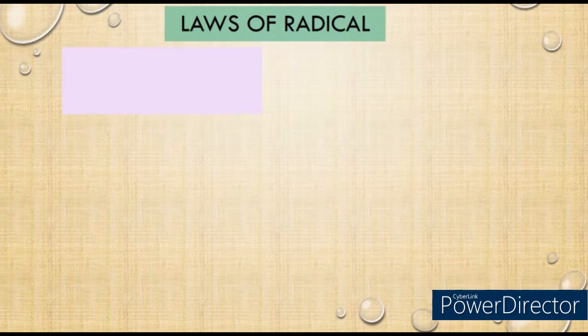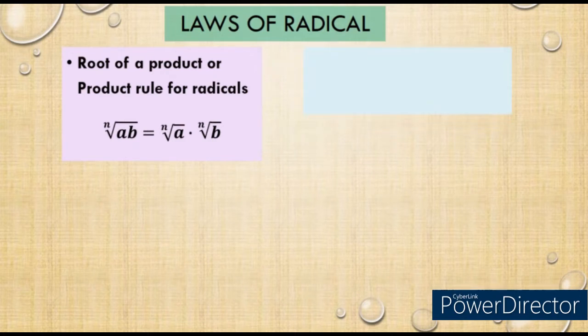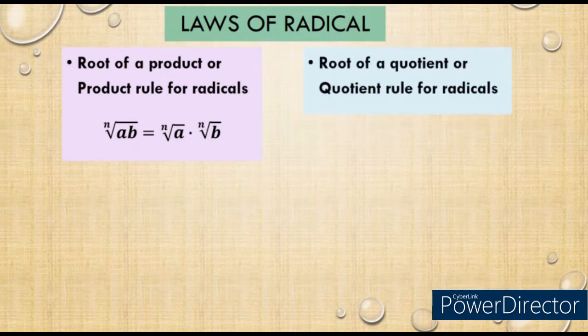Okay, so we have here law number 1, root of a product or product rule for radicals. So we have nth root of AB is equal to nth root of A times the nth root of B. Okay, next one is law number 2, root of a quotient or quotient rule for radicals.